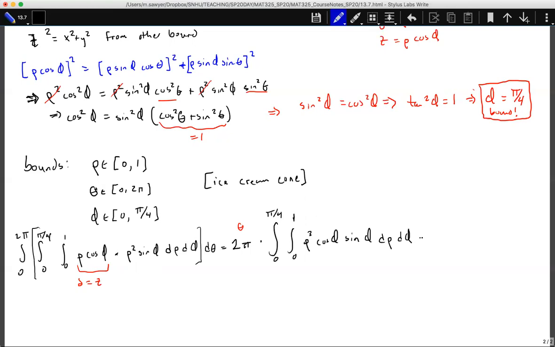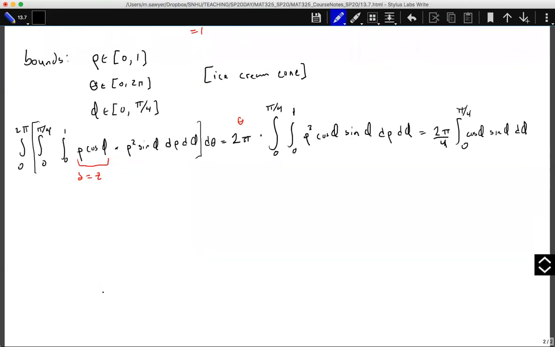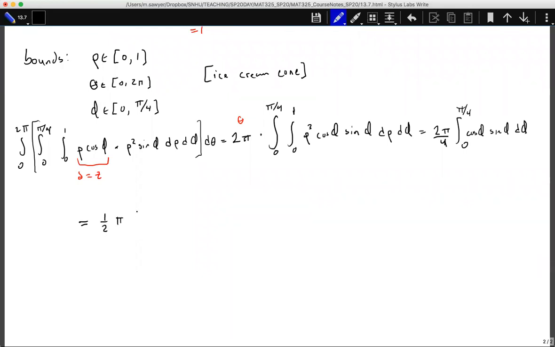So rho cubed goes to rho to the 4th over 4, so we get 2/4 rho to the 4th times pi, and so this gives us 2/4 pi times the integral from 0 to pi over 4 of cosine of phi sine of phi d phi. And this is a perfect place for a u substitution. So this gives us 1/2 pi.